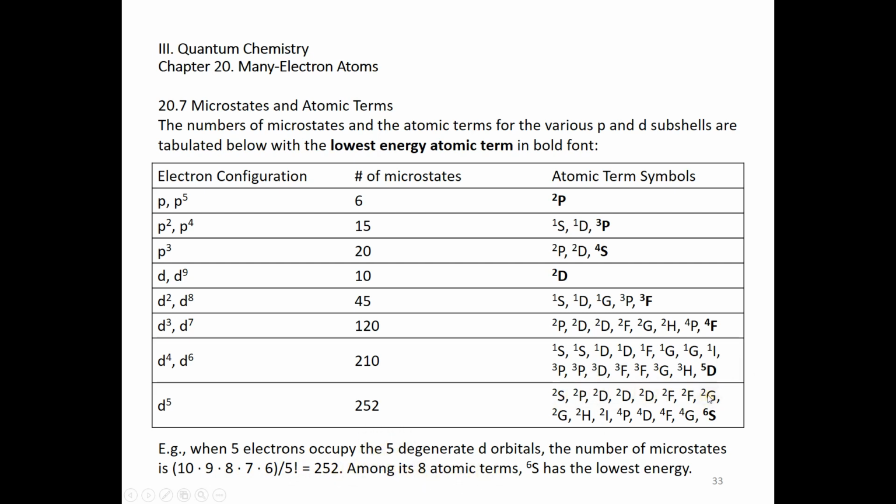Each atomic term corresponds to a rectangle with rows and columns that are the values of m sub s and m sub l. And among these 8 atomic terms, we can easily identify the lowest energy term, 6S, with the largest spin multiplicity.